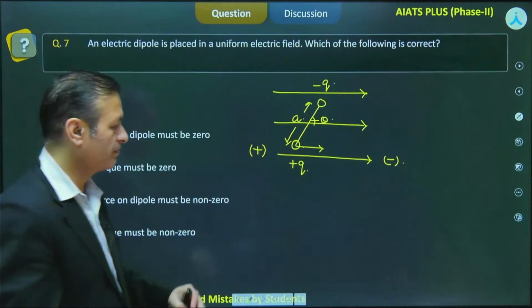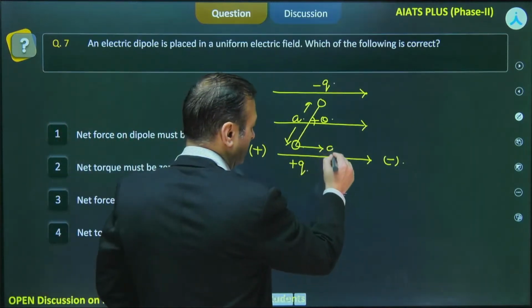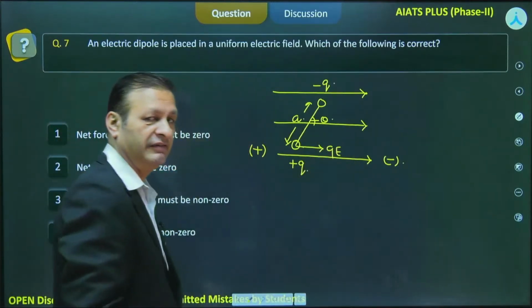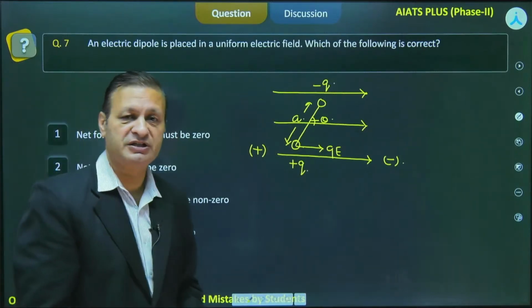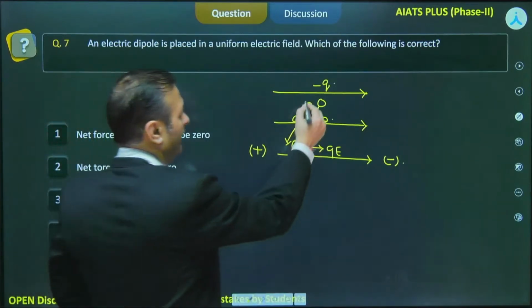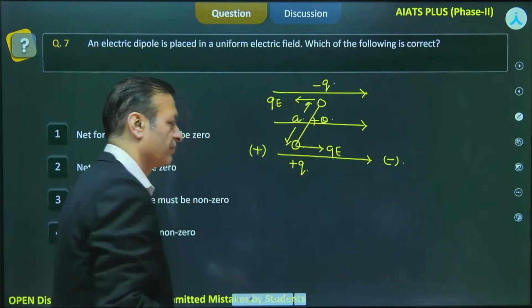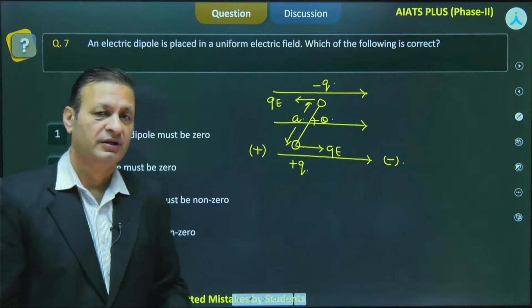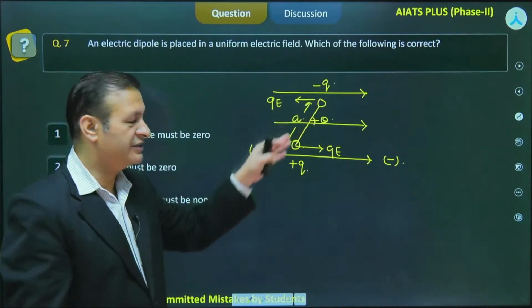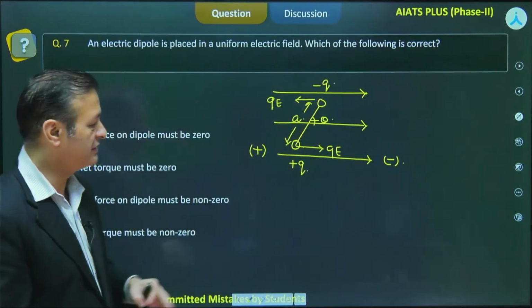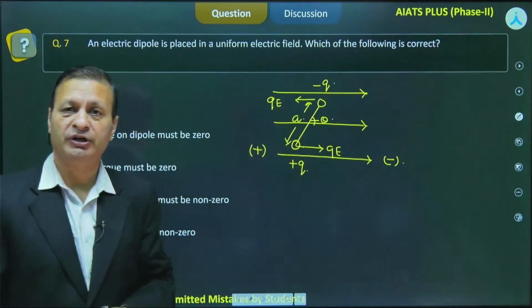So the end of the dipole with the positive charge experiences a force like this, and the other end experiences a force like this. As you can see, these two ends of the dipole experience equal and opposite forces.